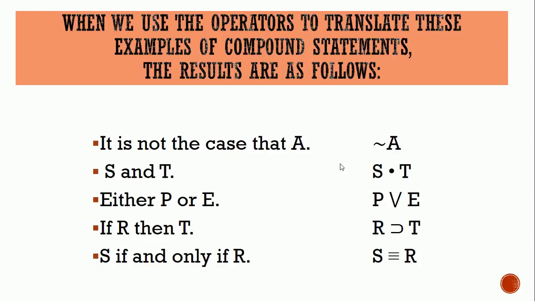We write it tilde A, or not A. S and T, conjunction, we use the dot, S dot T. Either P or E, P wedge E. If R then T, conditional. If R then T. And then S, if and only if R. Got it?